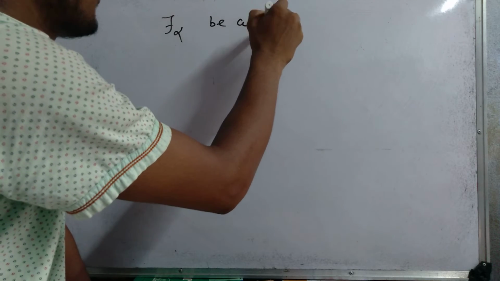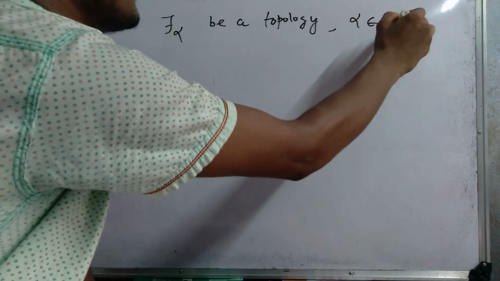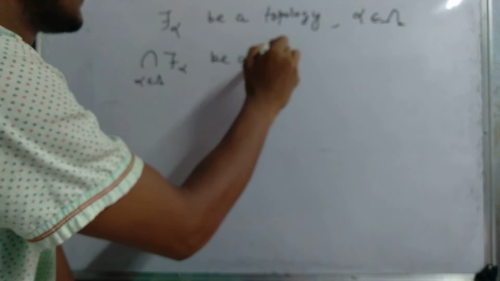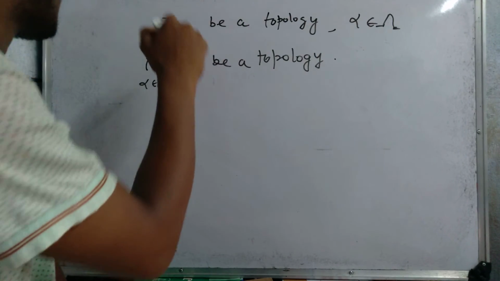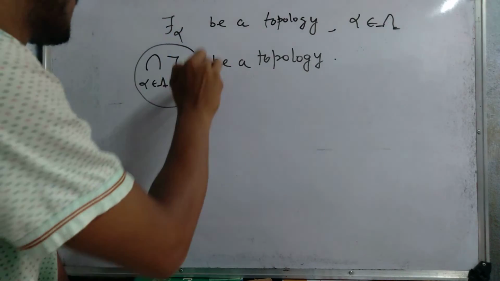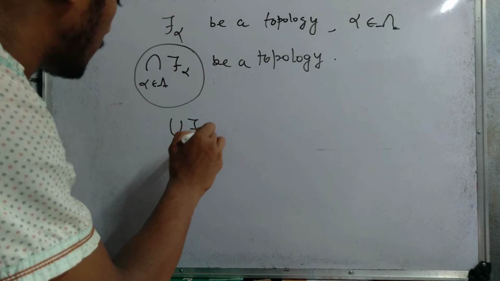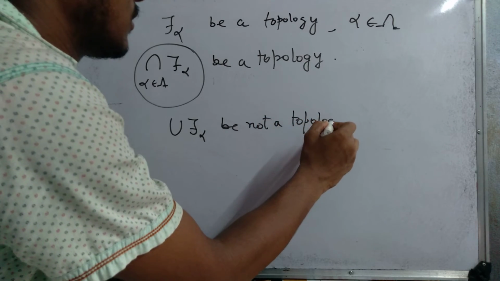We know that if tau alpha is a topology where alpha belongs to an index set, then the intersection of tau alpha is a topology, because all the properties hold for each tau alpha. But the union of tau alpha is not a topology.